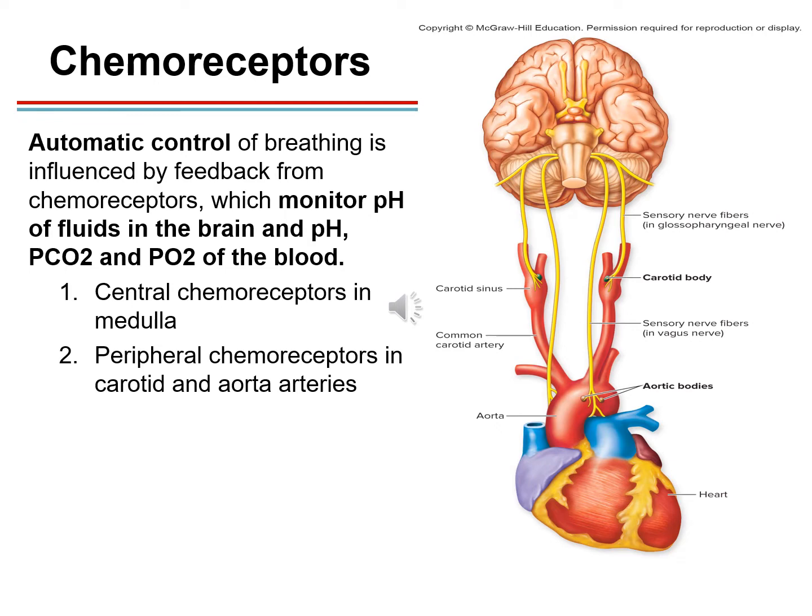And the peripheral chemoreceptors are located around the two carotids and the aorta arteries, but specifically in the aortic arch. In that aortic arch and those carotids, we have the carotid bodies and aortic bodies, where we have the chemoreceptors. The other ones, the central chemoreceptors, are around the pons and medulla oblongata.